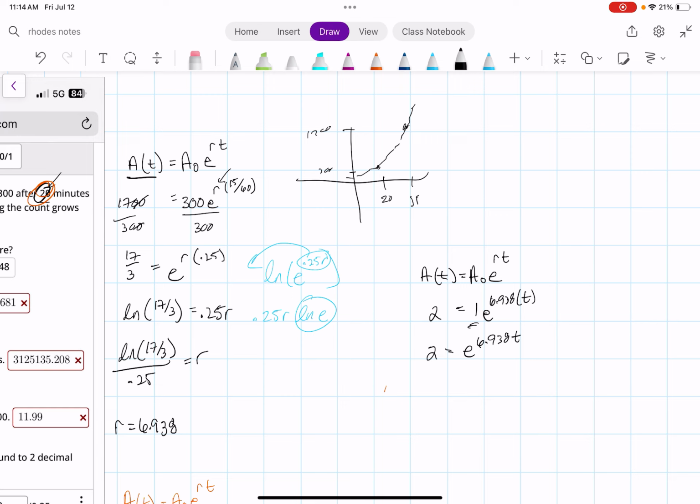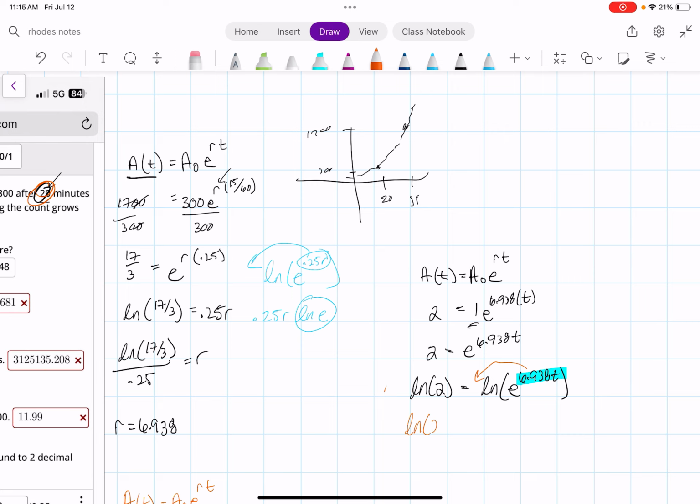Now, to get that t out of the exponent, we take the natural log of both sides, so natural log of 2, and natural log of the right-hand side, e^(6.938t). And remember, taking the exponent rules as before, we can put that out front as a coefficient.